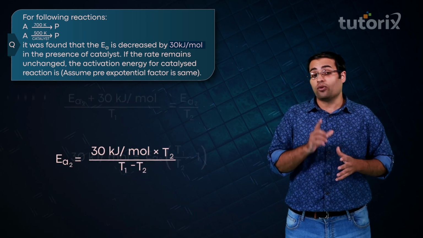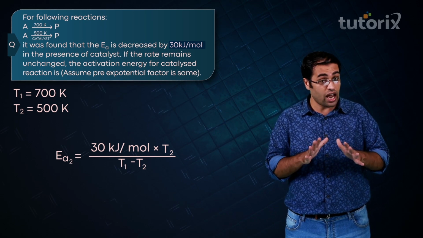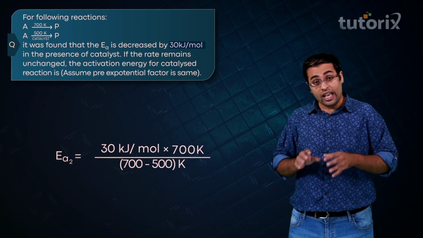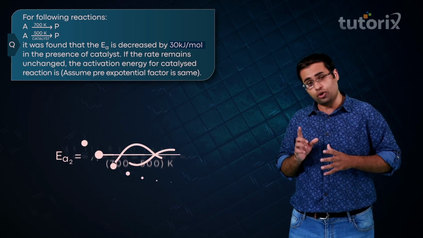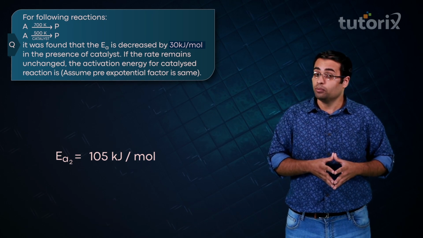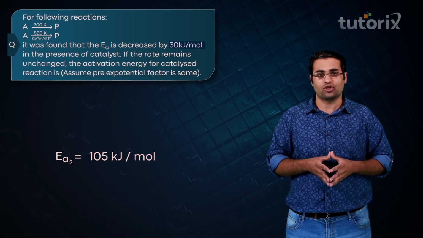And we know the values of T1 and T2, which are 700 Kelvin and 500 Kelvin, right? Now, substituting those values here and further calculating, we get the value of EA2 as 105 kilojoules per mole. And that is the activation energy for the catalyzed reaction.